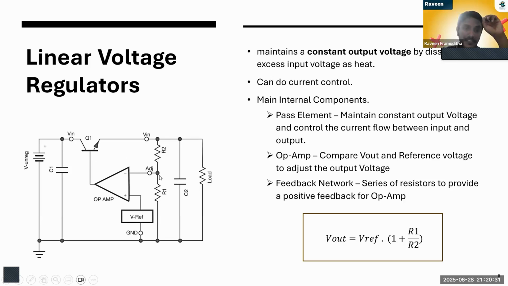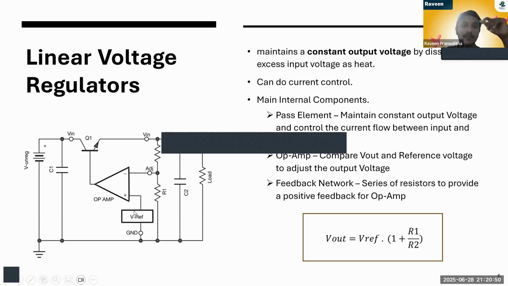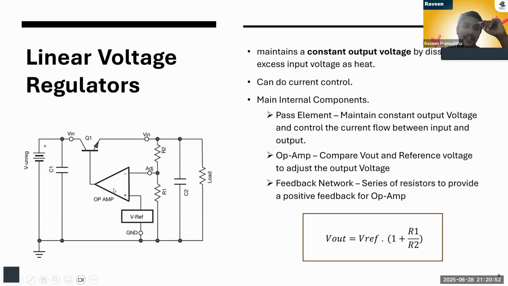There is also a feedback circuit, a voltage divider connected to the output terminal. That feedback is provided to the op amp, which compares it with the reference voltage and adjusts the output voltage according to that comparison.